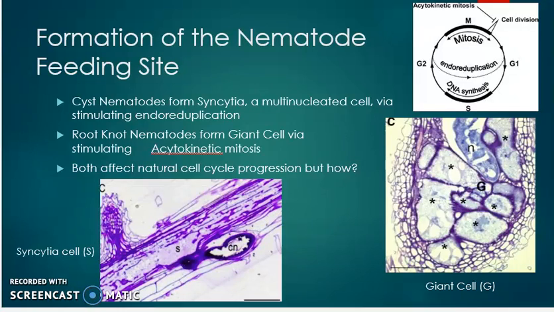A similar process is observed in the formation of root knot nematode giant cells, as acytokinetic mitosis, where cell cycle progression is arrested just after mitosis but before cytokinesis, resulting in two genetically identical nuclei. The exact mechanism by which the nematodes affect cell cycle is unknown. However, certain players have been identified.